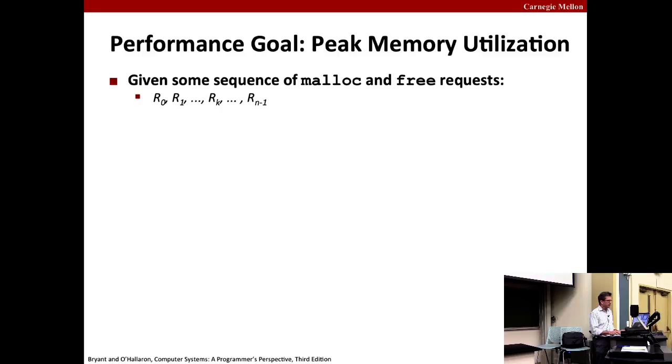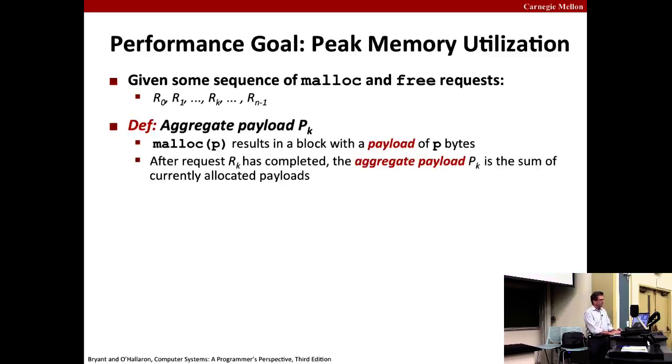Now, peak memory utilization measures how efficiently the allocator uses the heap, how much is wasted on overheads in the data structures that the allocator uses in its implementation. So we'll define a payload.